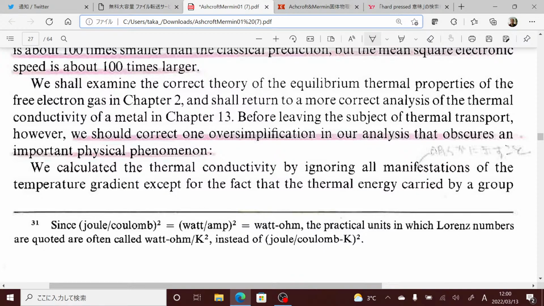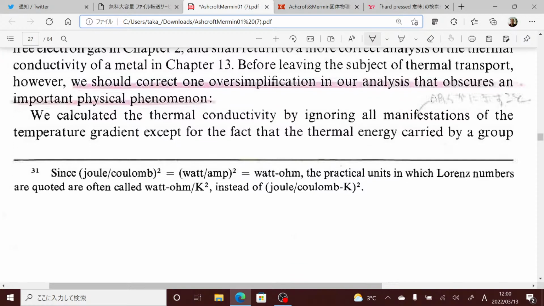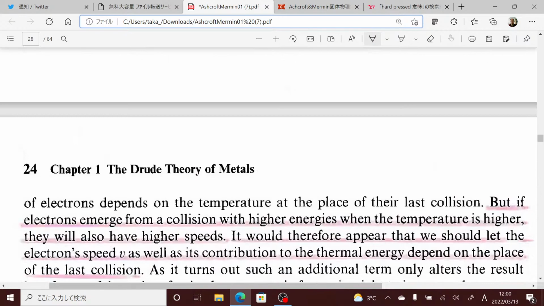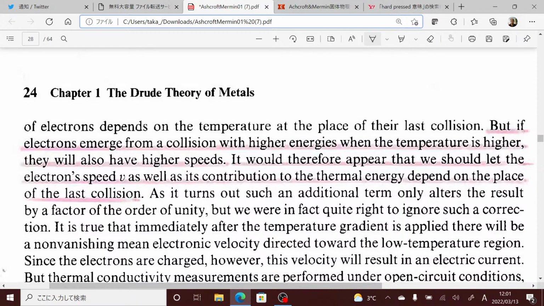We calculated the thermal conductivity by ignoring all manifestations of the temperature gradient except for the fact that thermal energy carried by a group of electrons depends on the temperature at the place of their last collision.